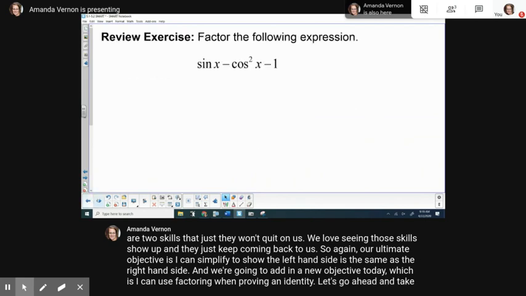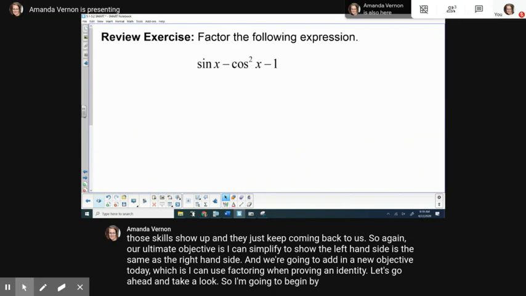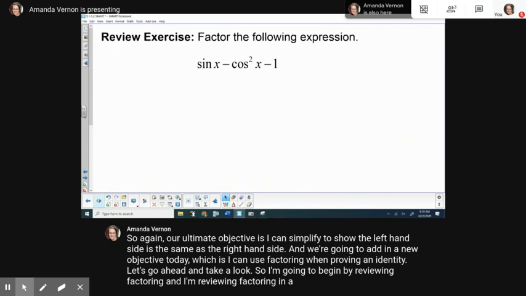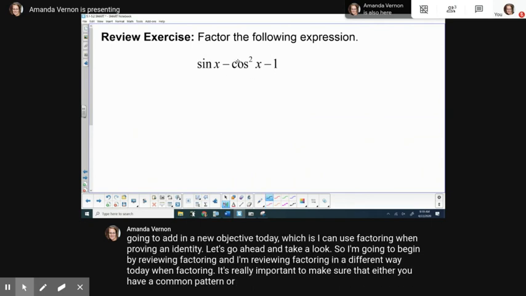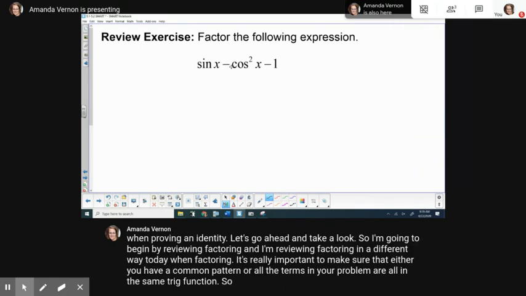So I'm going to begin by reviewing factoring, and I'm reviewing factoring in a different way today. When factoring, it's really important to make sure that either you have a common pattern or all the terms in your problem are all in the same trig function. So right now, we can see that cosine squared and sine are not the same.